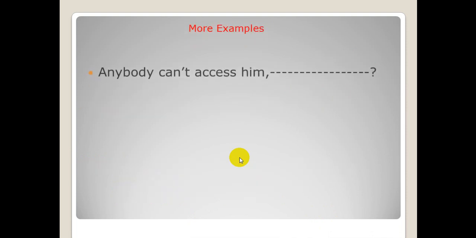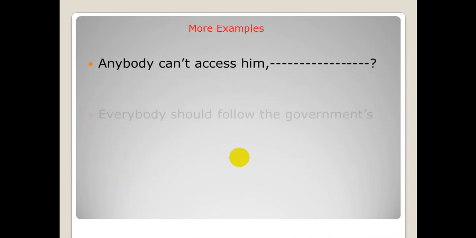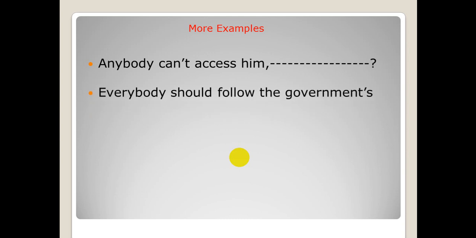Next examples. Anybody can't access him. Everybody should follow the government's instructions. In each sentence we find helping verbs, and they are can and should. Of course they are modal auxiliary verbs, so as they are helping verbs, they will also come in forming tag questions.